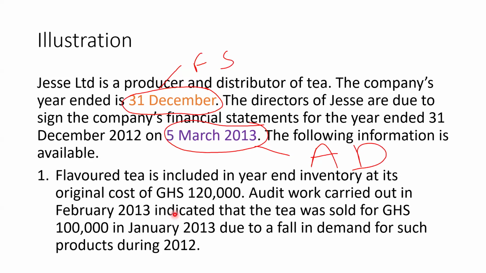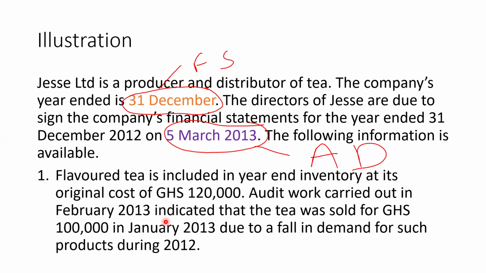Those of you saying understated, it's wrong. Profit was overstated by the overstatement of the inventory, so to correct this, you subtract it from profits, or debit the income statement.